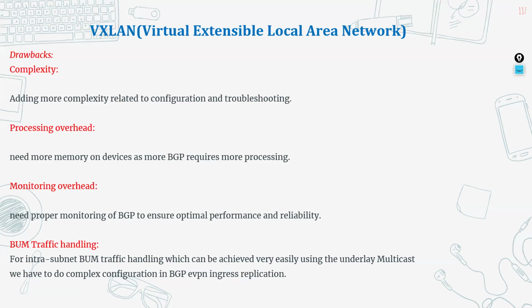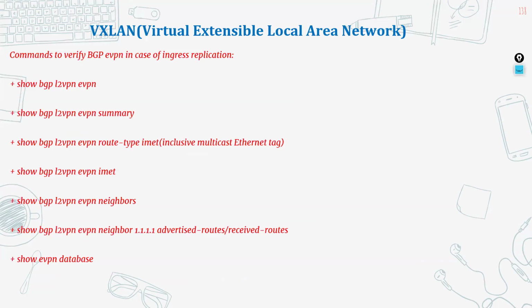And the last one is BUM traffic handling, because if we configure multicast in the underlay, we can easily achieve intra-subnet communication and handle the BUM traffic very efficiently, and we do not need to go into the complexity of BGP. So these are the main drawbacks if you are using dynamic ingress replication using BGP. These are different commands that we can run.